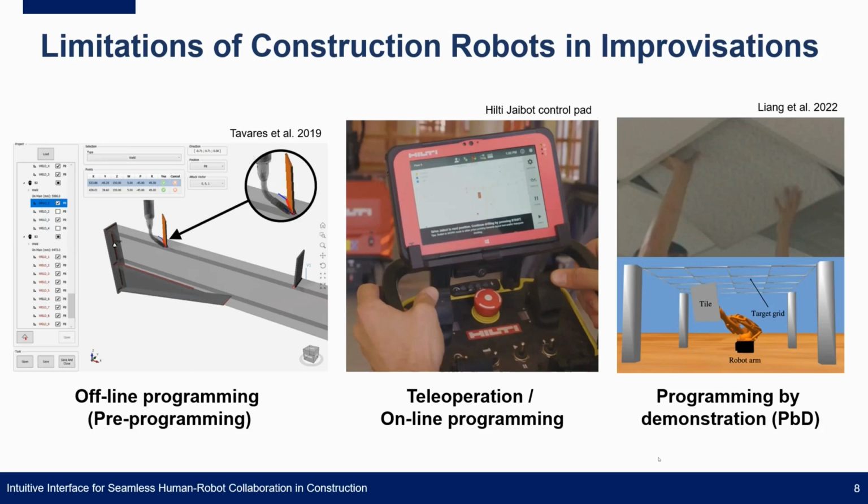Recently, the concept of programming by demonstration has emerged. It enables the robots to learn the movements performed by human operators, to perform under varying conditions and then generalize them to new scenarios.